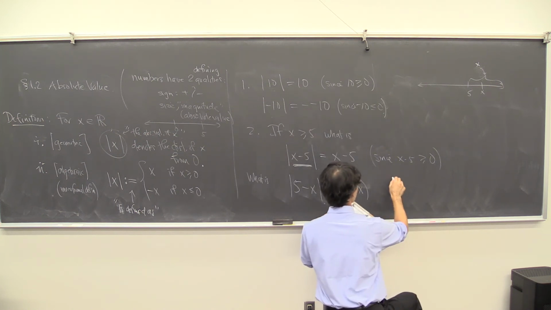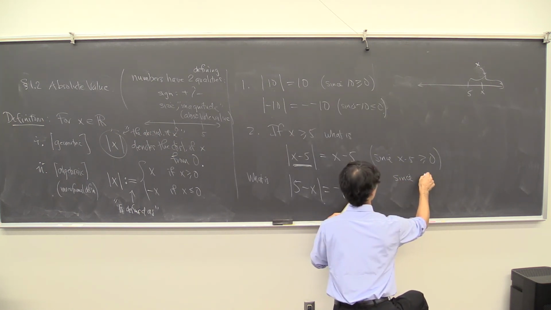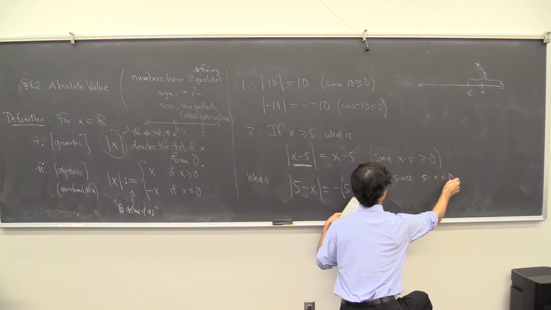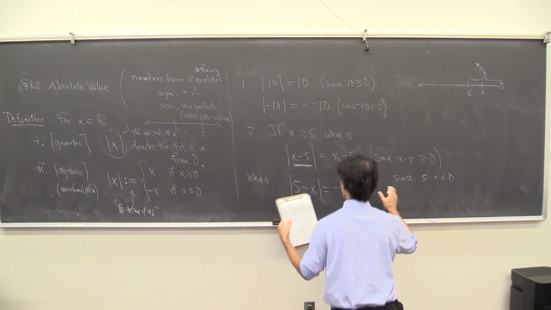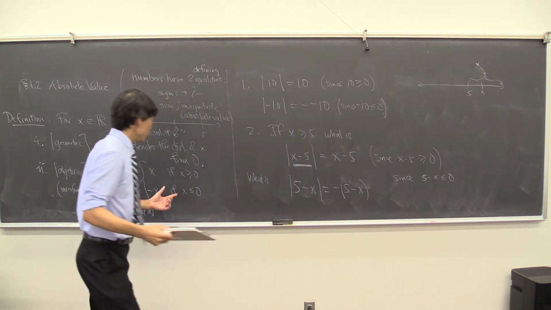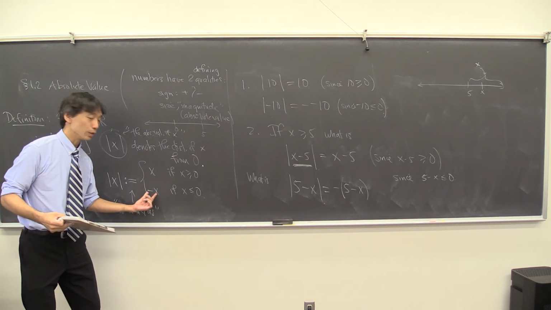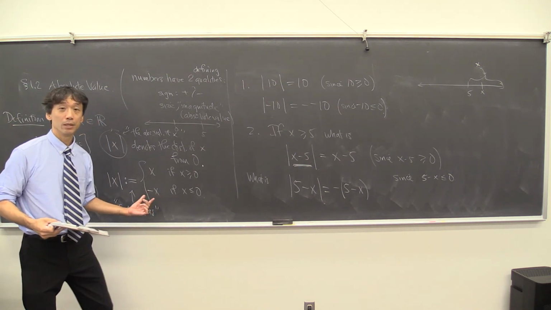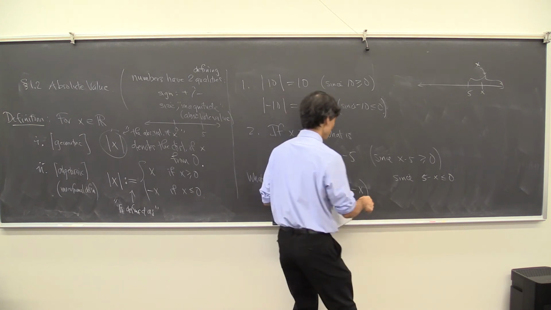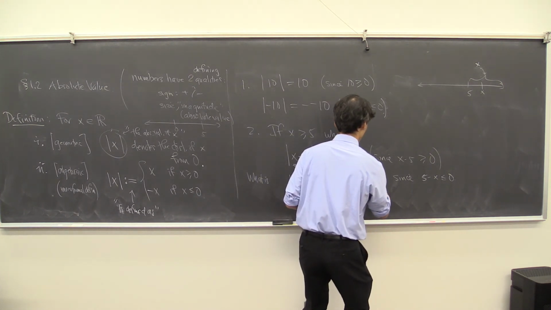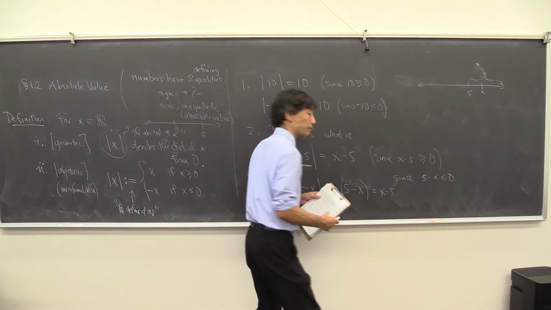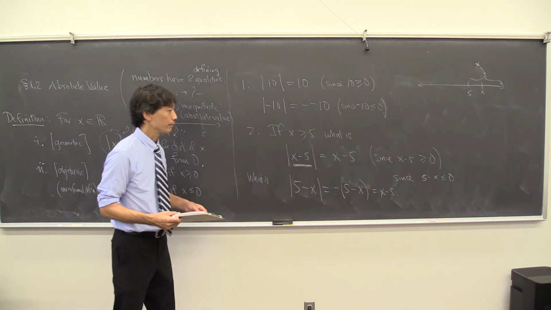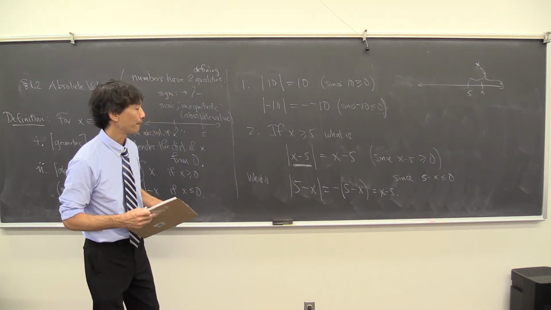Since 5 minus x is negative, the function says, oh, you gave me something negative, I'm going to return to you the negative of that. So it returns x minus 5. Okay.